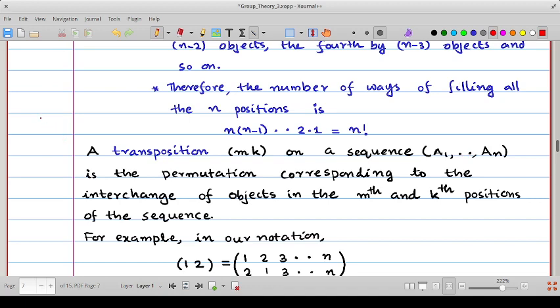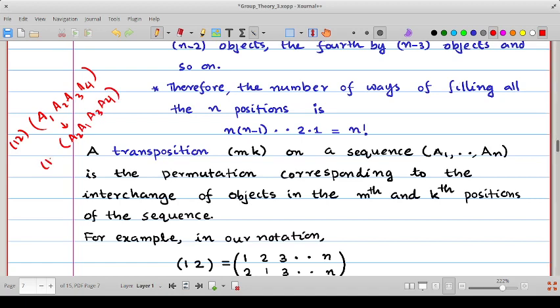So suppose we have a sequence like say a1, a2, a3, a4. Then the transposition (1, 2) interchanges the positions of the objects in the first and second position. So they are a1 and a2. So the result of this transposition would be a2, a1, a3, a4.